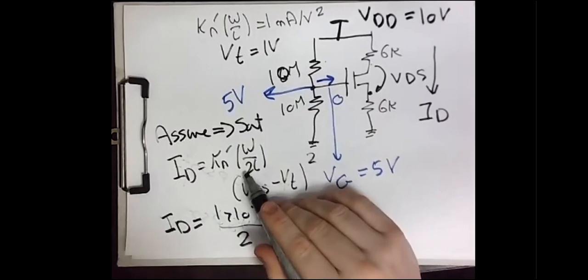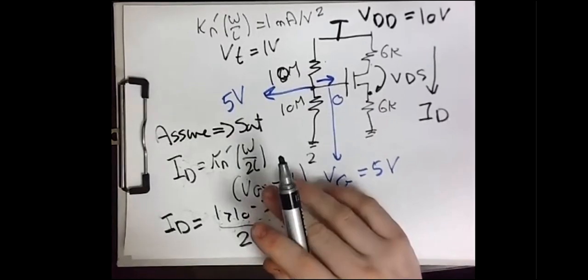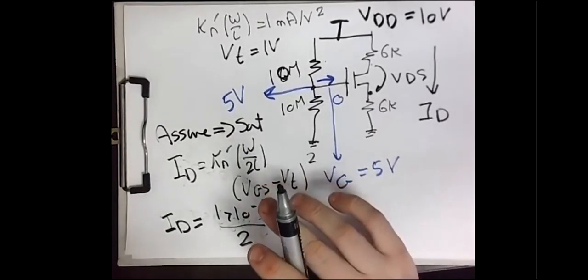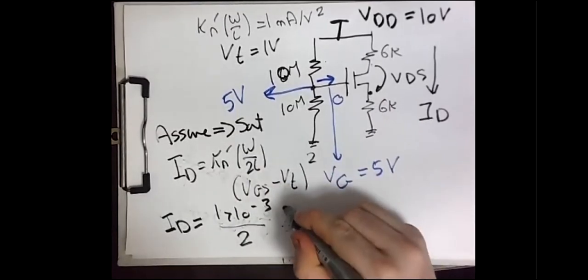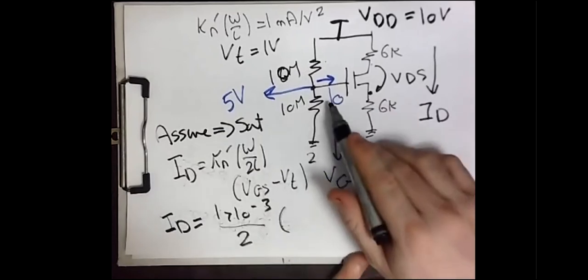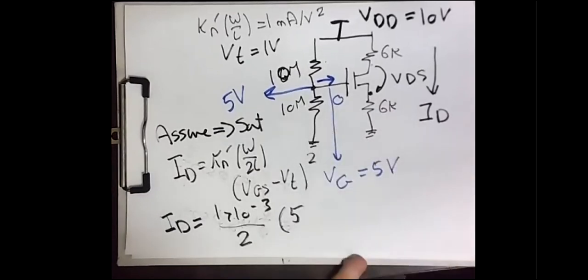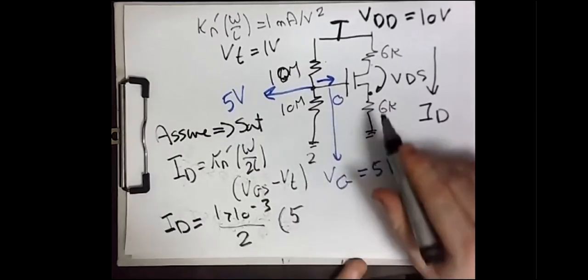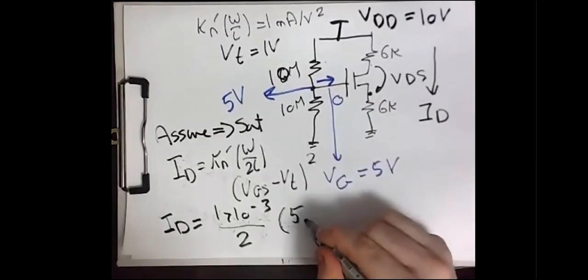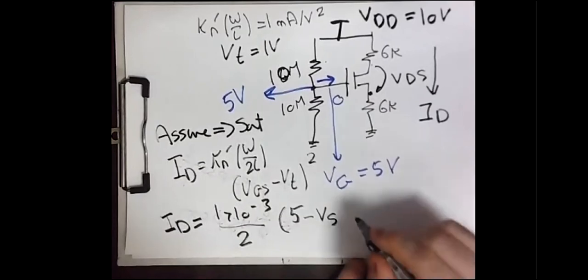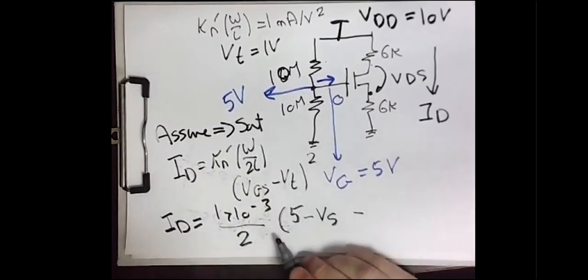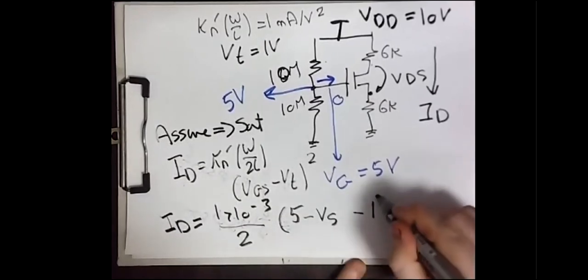Because in the problem it's given W over L, so we have to divide it by 2. We know VG, which is 5 volt, but we have no information about VS, so it's 5 volt minus VS. You just know VG, but you don't know VS. Minus VT, which is the threshold voltage, we know it's 1, all square.